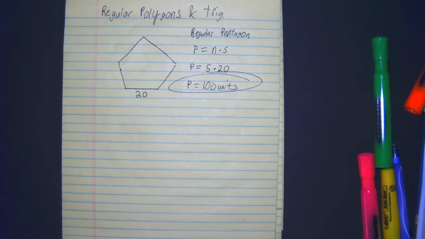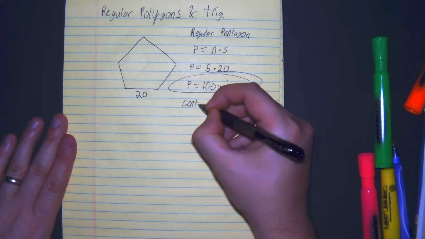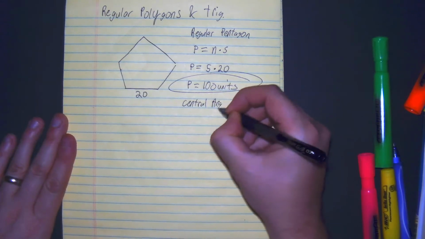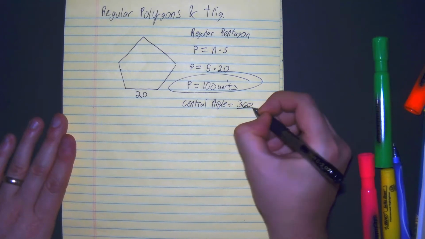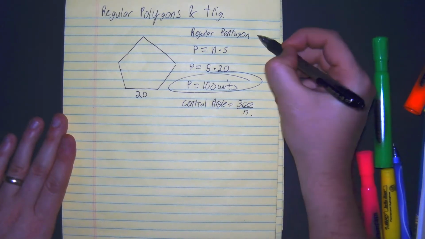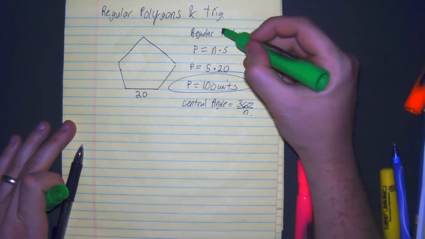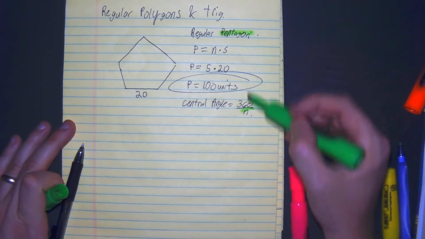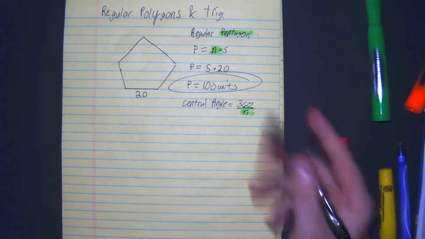Our next order of operation is we need to figure out the central angle. Our central angle is equal to 360 divided by n, n being the pentagon. And I'll even highlight that.